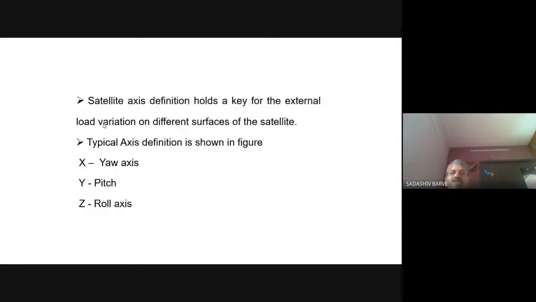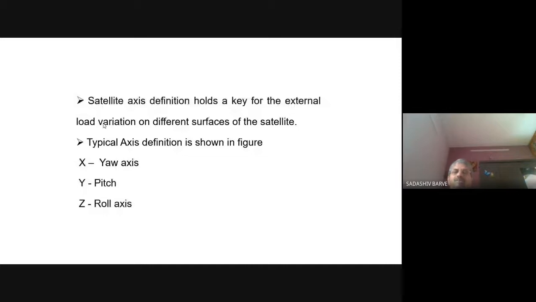This will determine which surfaces will get sun load, for what duration, during which portion of the orbit, or which portion of the satellite can be totally away from the sun direction. And certain areas do not even get the earth-shine load as well as the albedo load.